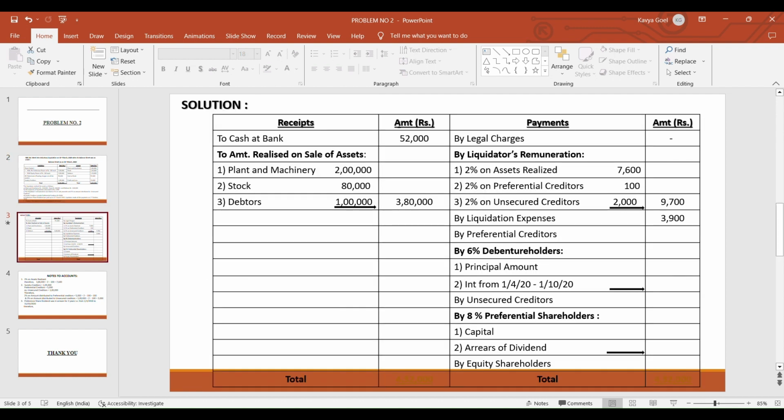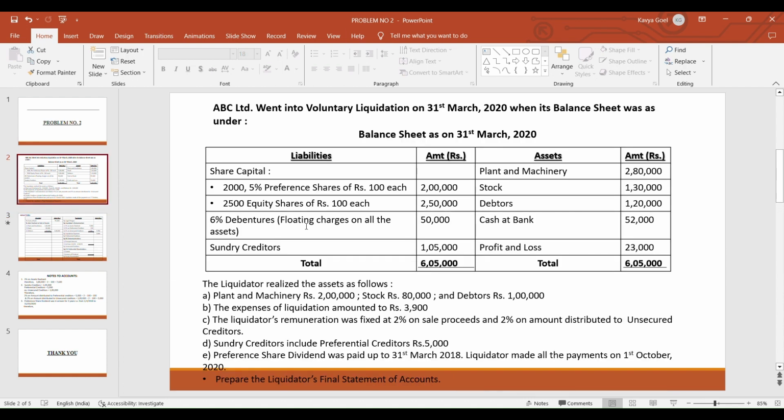So as you know, in the previous sum we have recorded debenture holders after liquidation expenses, but in this sum, since floating charge is given on the debentures, preferential creditors will be recorded first and then the debenture holders will be recorded.